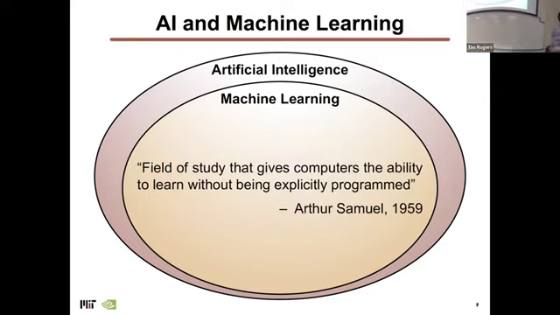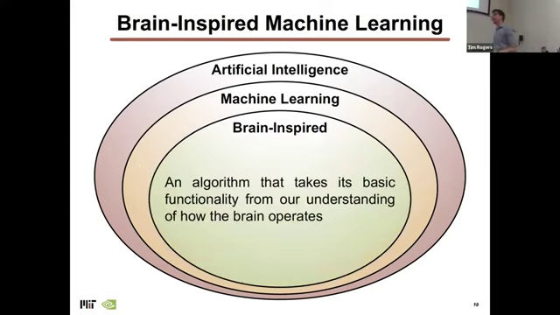So it's, again, very broad. Neural networks are a subclass of this, but it's this branch of artificial intelligence where humans are not explicitly telling the machine what to do. Brain inspired means that at least you can sell that the algorithm is inspired by the brain, okay? So an algorithm that takes its basic functionality from our understanding of how the brain operates.